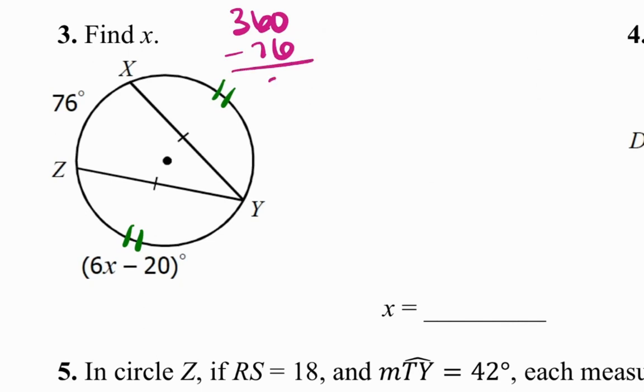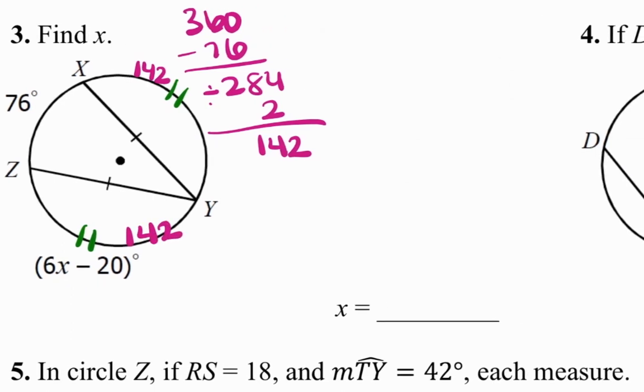So we get 284. That 284 is for both of these arcs left over, okay? But remember, they're going to be the same measure. So what we can do now is take that and divide it by 2. So 284 divided by 2 gives us 142. So this arc is 142, and this arc is 142.